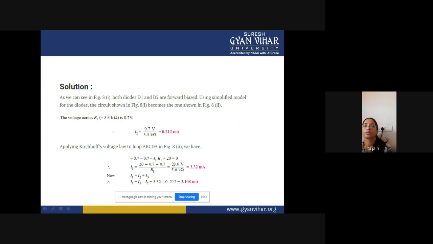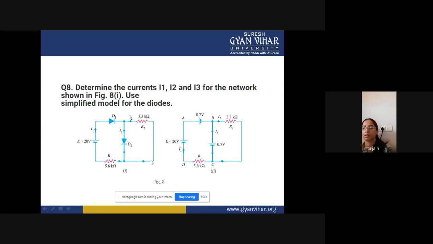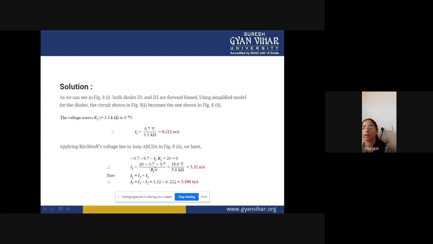Okay. So when you calculate this, the value of R1 is equal to 5.6 kilo ohm. So 20 minus 0.7 minus 0.7, you will get 18.6 volt, which is equal to I1 R1.